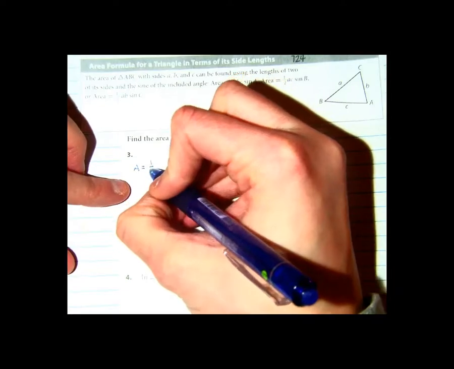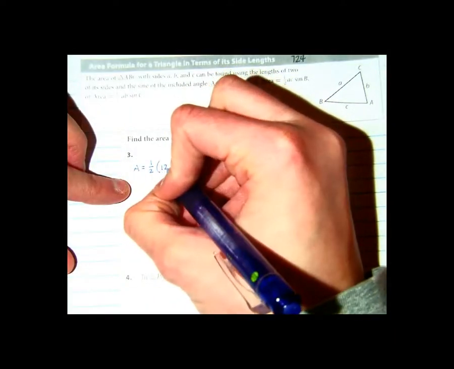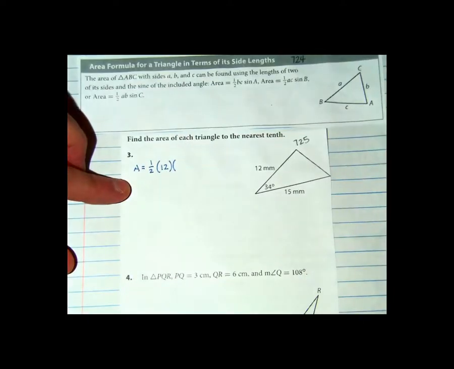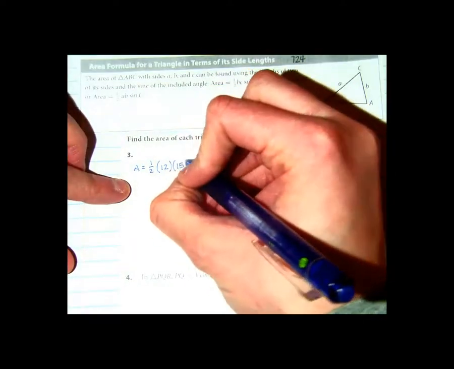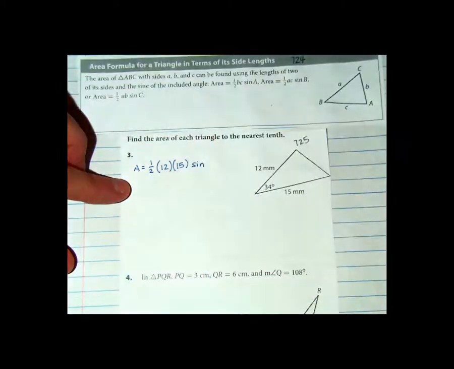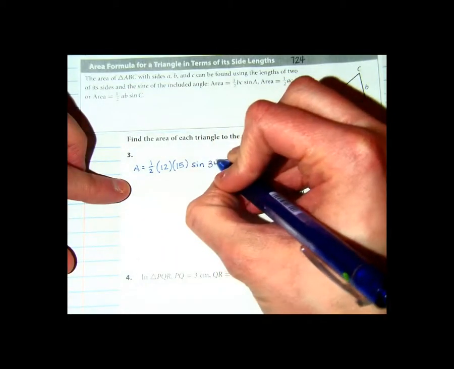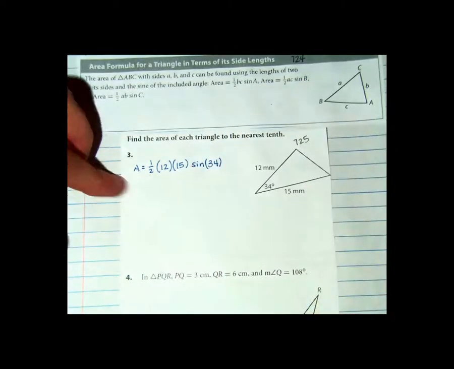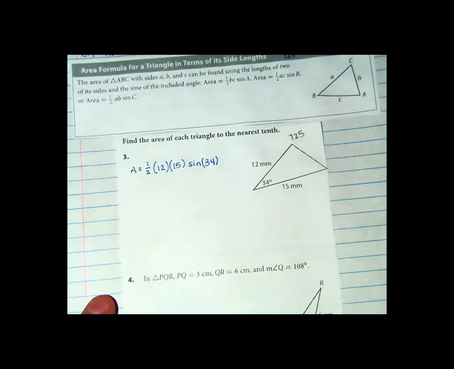So the area of this is equal to 1/2. What is one of the side lengths? Times what is the other side length? Sine of what is the angle in between? You need to type that in your calculator and make sure it is in degree mode. Always do that first.